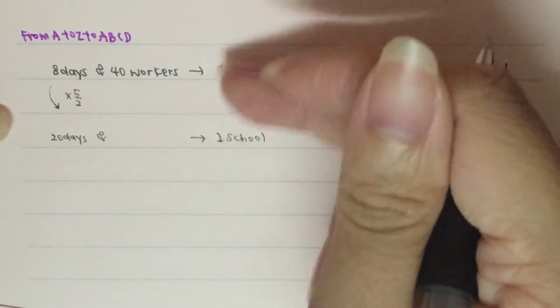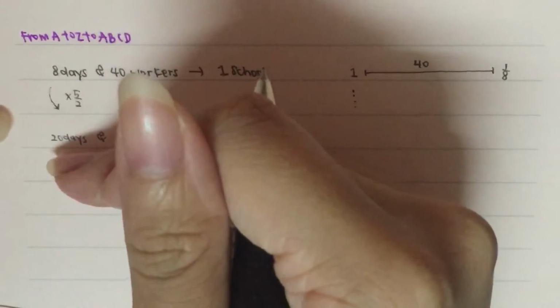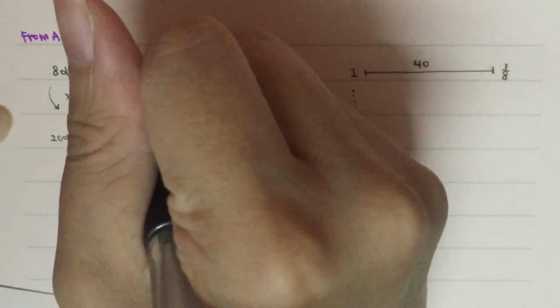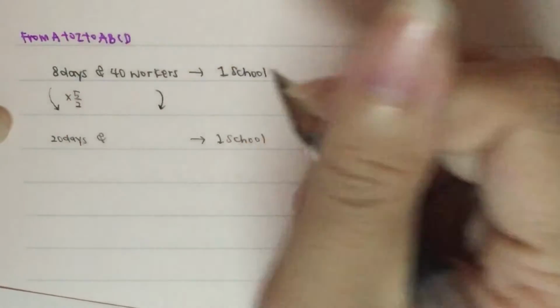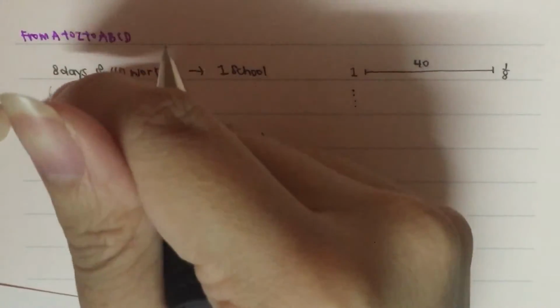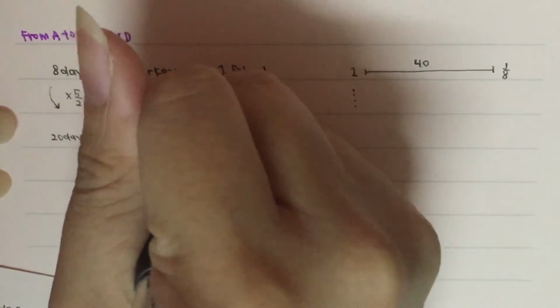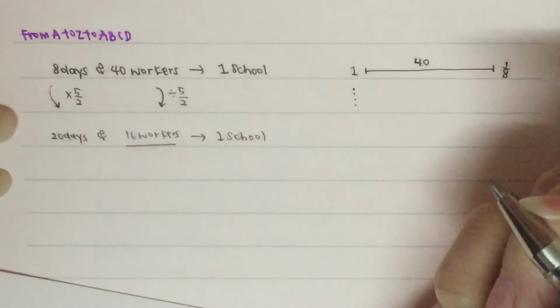So remaining this constant, we are just changing these 2 factors. Increasing 1 will lead to a decreasing 1, and they are inversely proportionate but they change proportionately. So if I multiply by 1 on one side, I'll need to divide by the other one. Therefore, I will end up with 16 workers over here. This will be the answer.